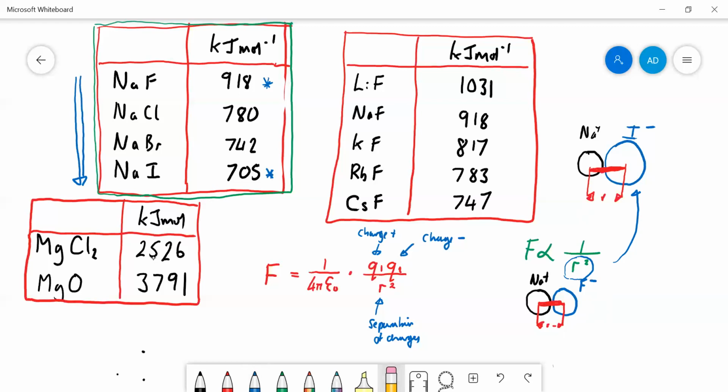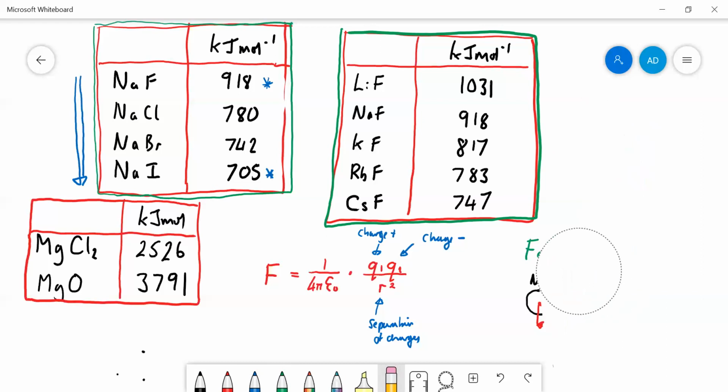Okay, let's now have a look at this one here. What we're doing as we go down group 1, the alkali metals, is that they've all got a positive 1 charge.